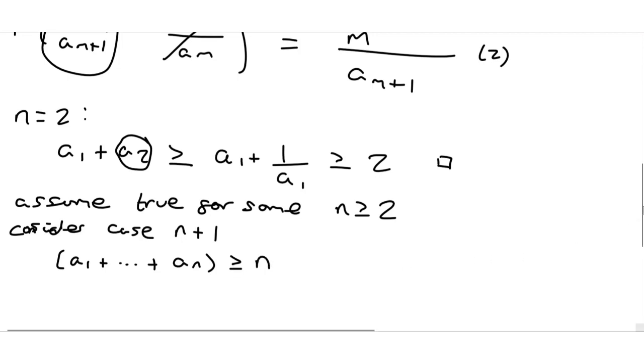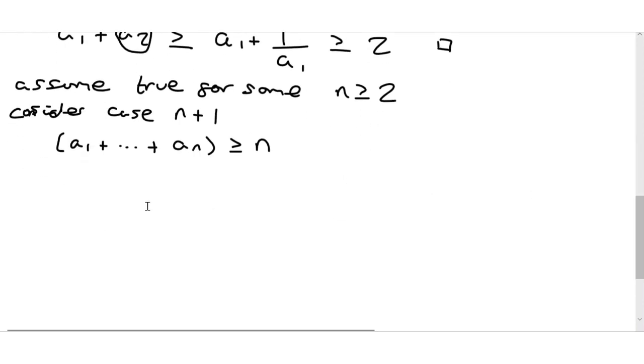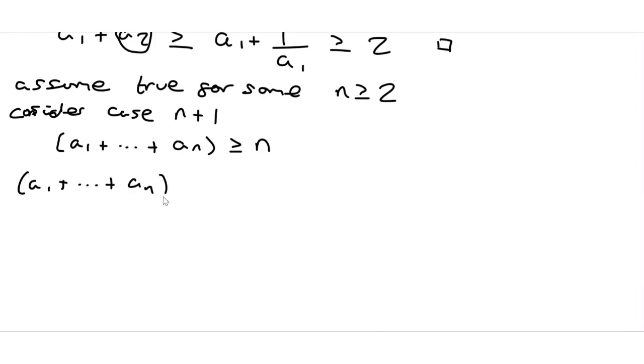So when we want to consider the case n plus 1, we're considering the sum a1 plus an plus n plus 1, and we want that to be greater than or equal to n plus 1.